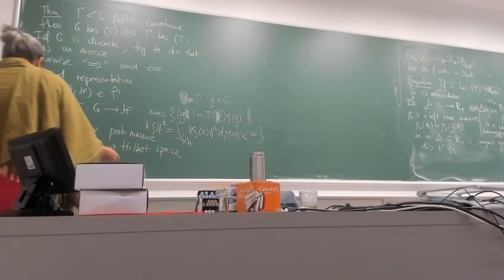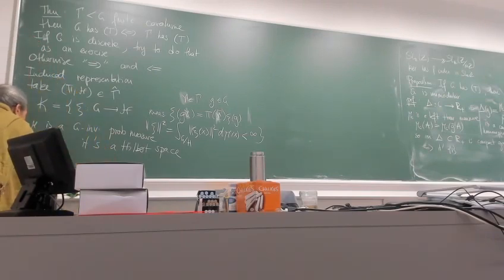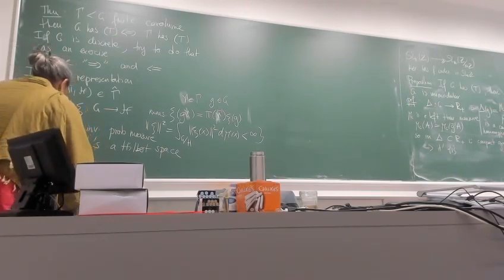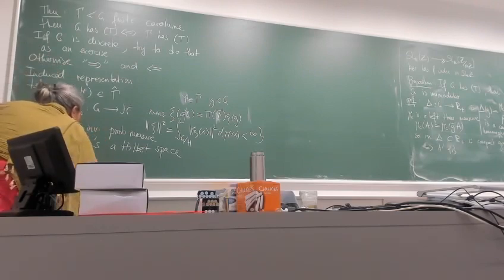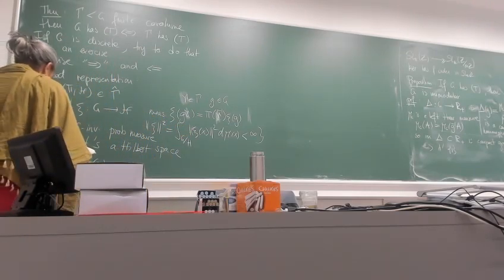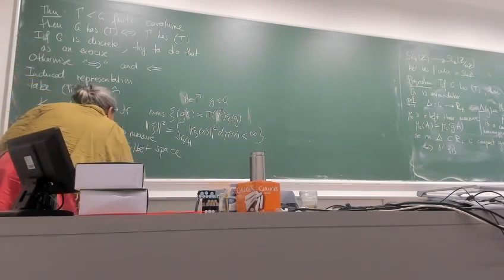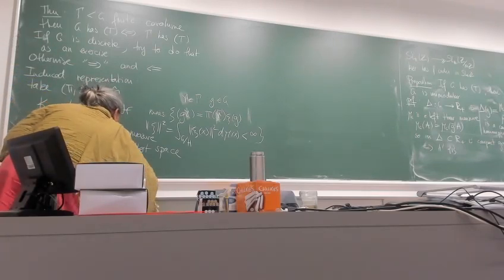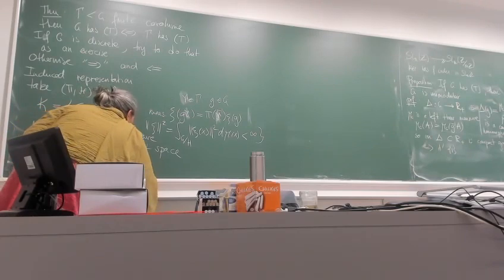And the action, the induced action from gamma to G of the representation pi, on an element psi, on an element x, is just going to be psi of g inverse x.